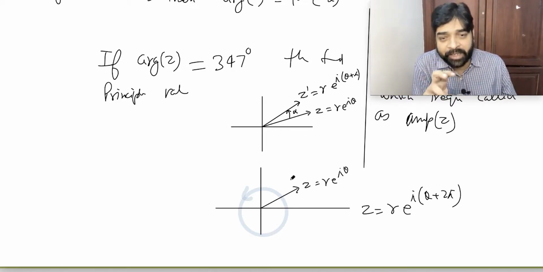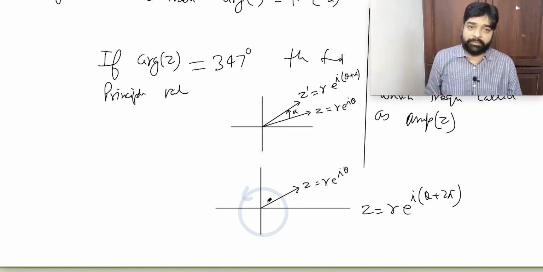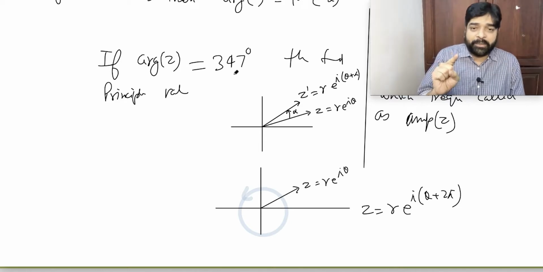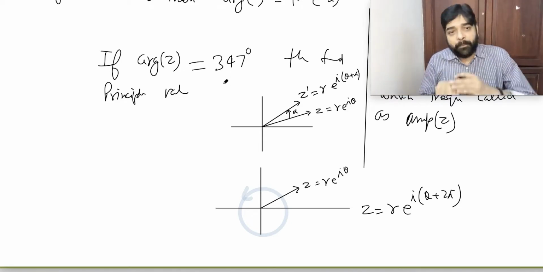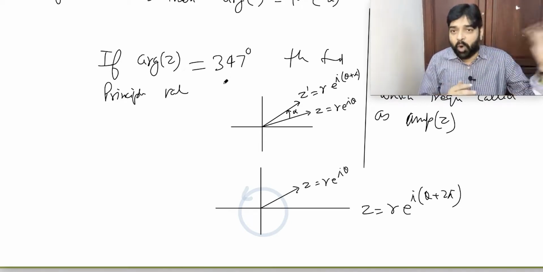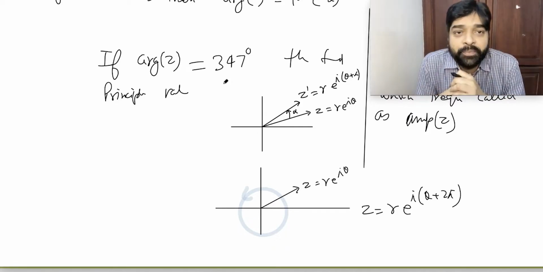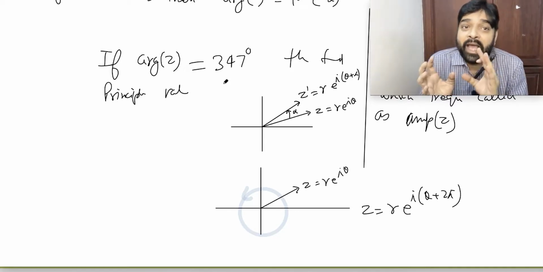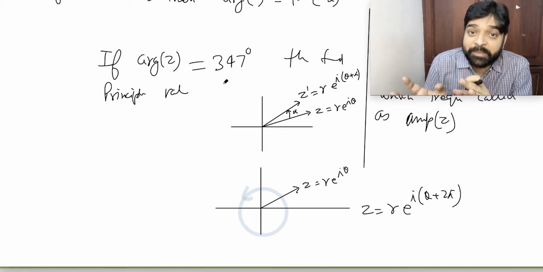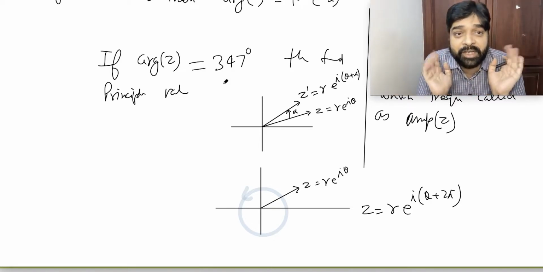So that advantage we take to solve the question orally. Here the argument is 347 degree. I know the argument is beyond the principal value range. It has become more. I want to make it less without changing the complex number. What should I do? Rotate in the clockwise direction. Means argument z will be replaced by argument z minus 360.